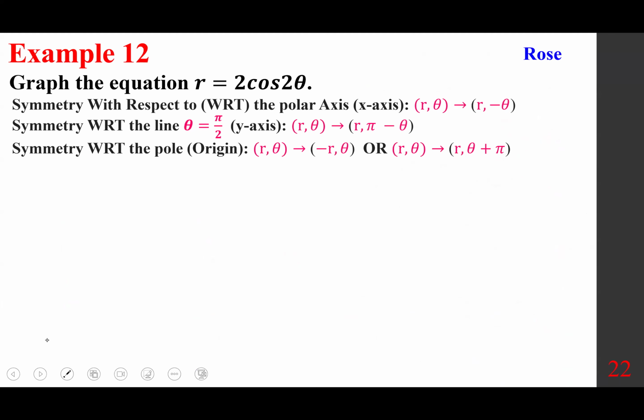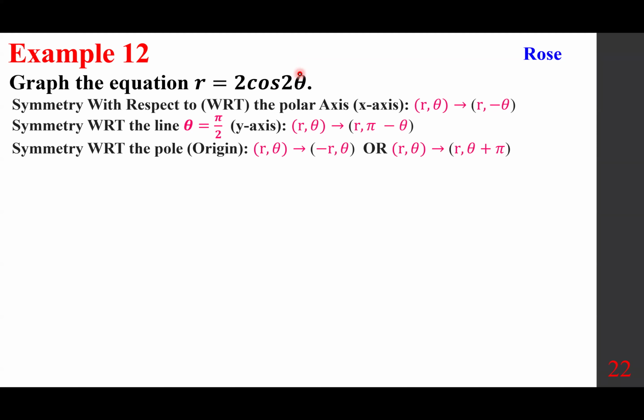All right, roses. Graph the equation r equals 2 cosine 2 theta. Basically, when we have multiple angles, whether it's sine or cosine, it becomes a rose.